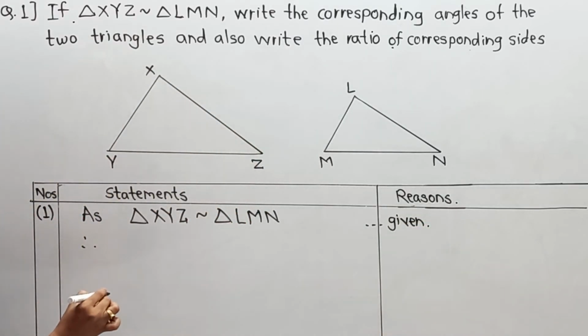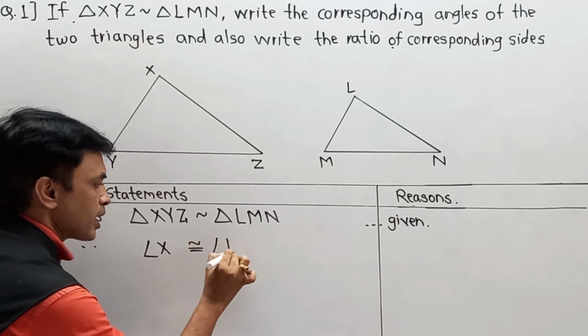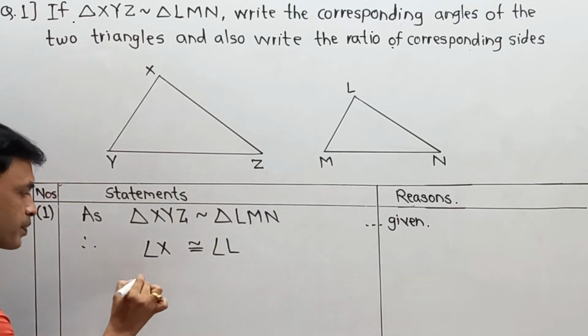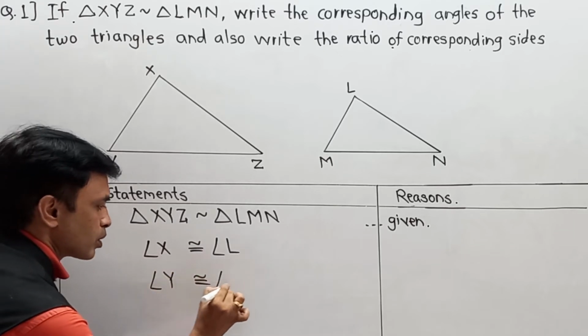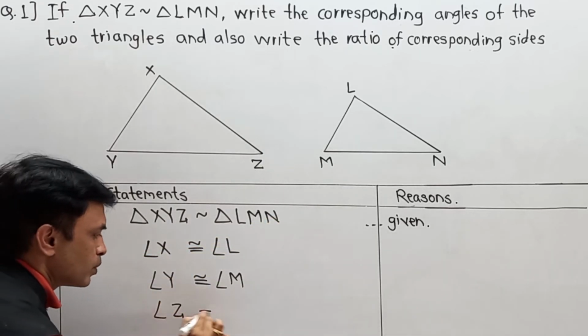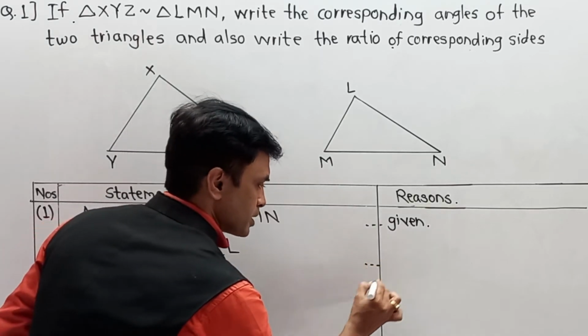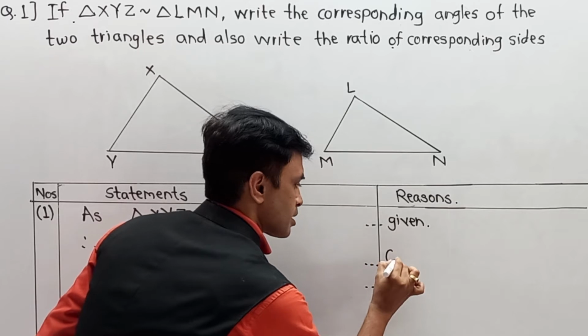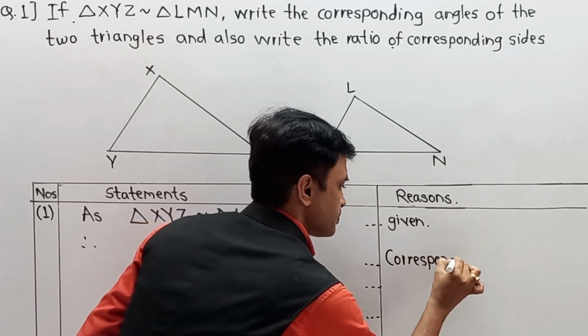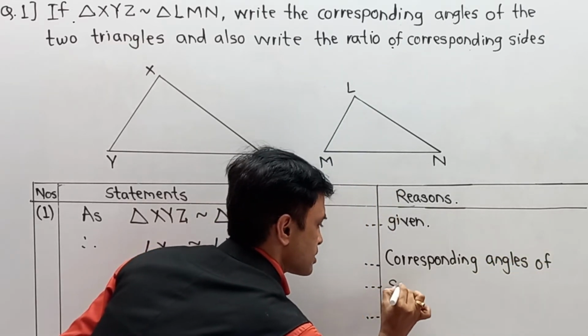Therefore, triangle XYZ is similar to triangle LMN means angle X congruent to angle L, angle Y congruent to angle M, and angle Z congruent to angle N. For all three parts, these are nothing but corresponding angles of similar triangles, so I am going to give a common reason: corresponding angles of similar triangles.